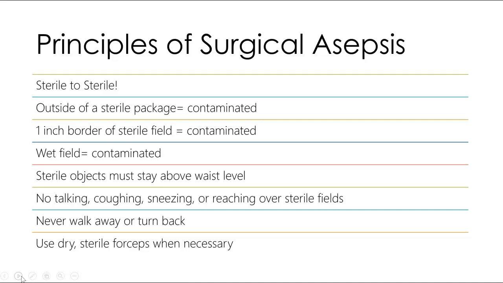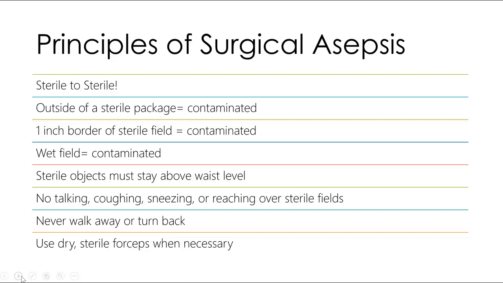If your sterile field becomes contaminated, or if it becomes wet, and it's not plastic or something that is waterproof, then it is considered contaminated because those little microorganisms can travel through the liquid up into your sterile field.